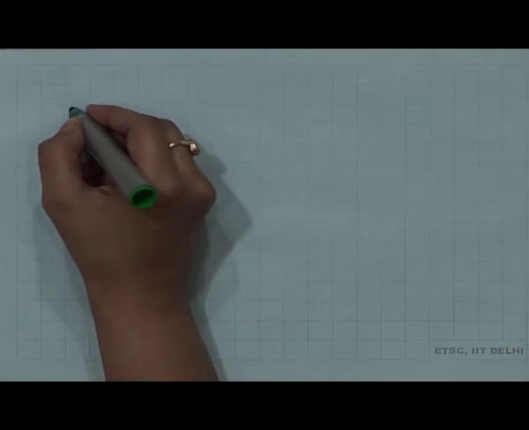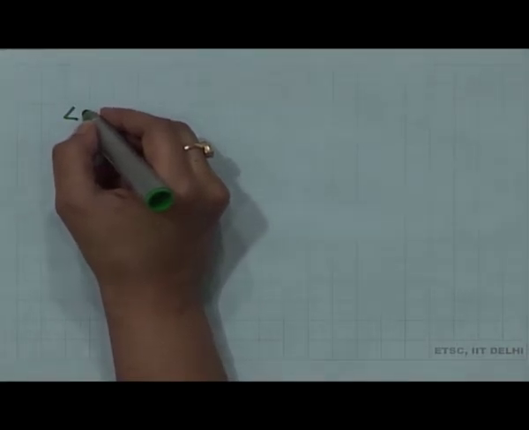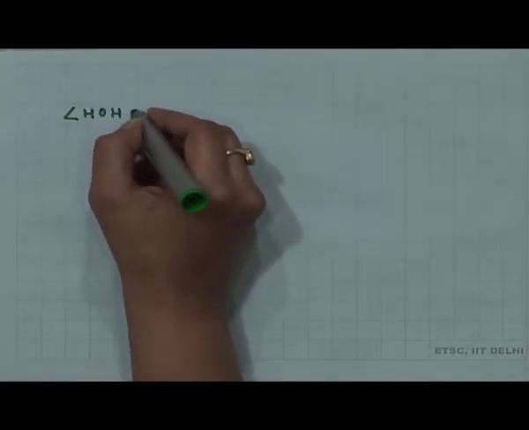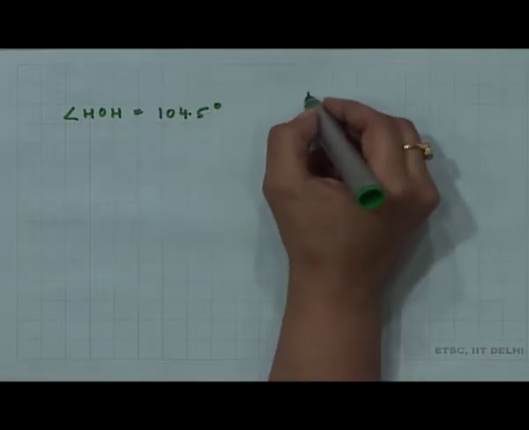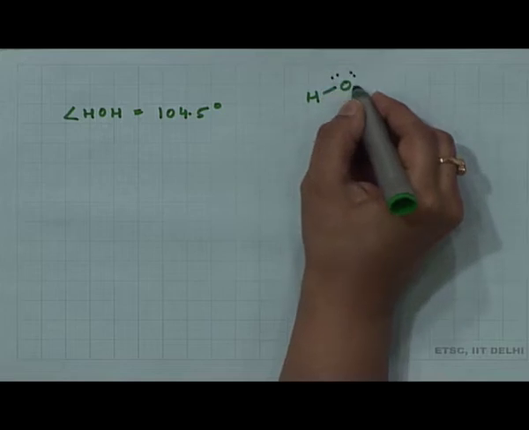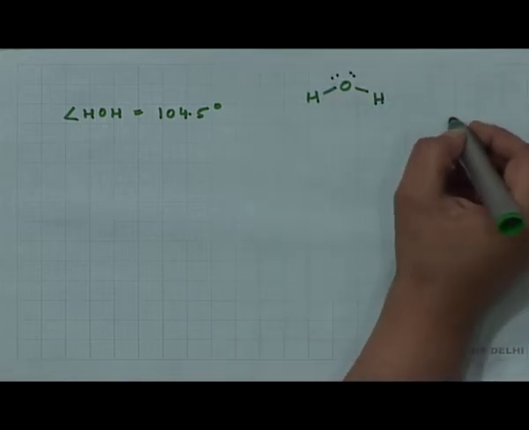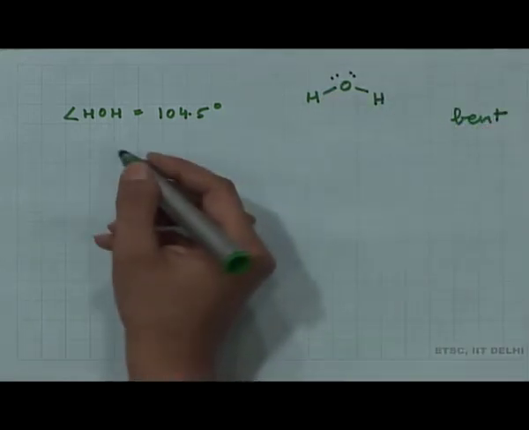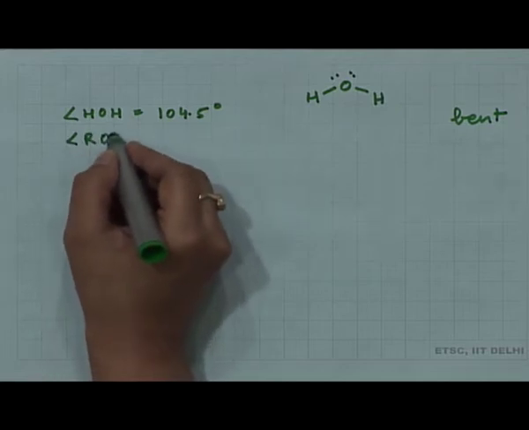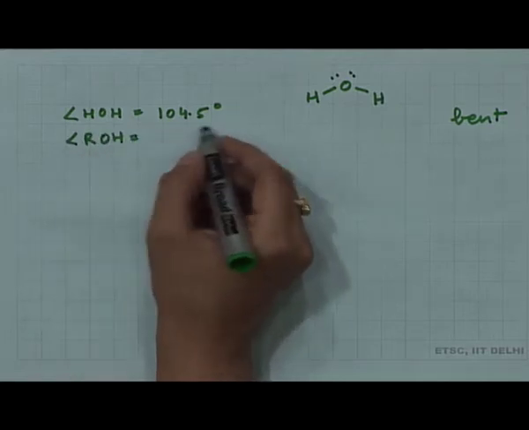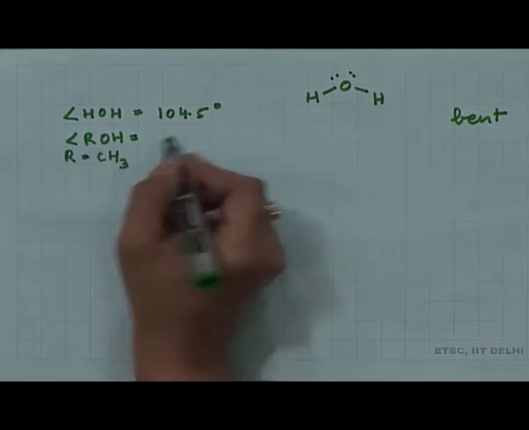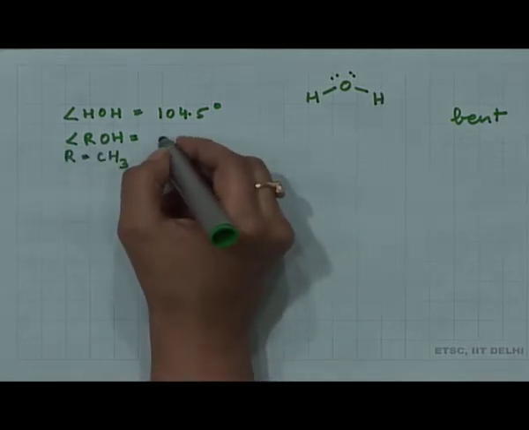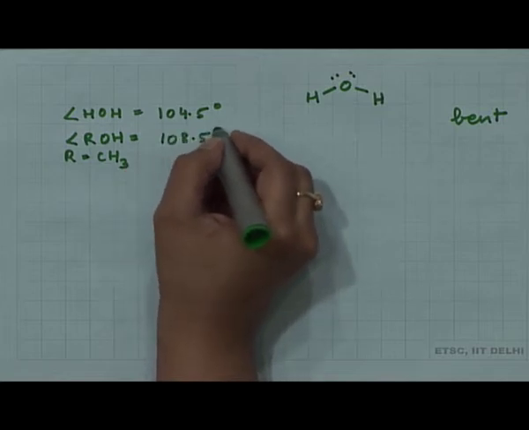The HOH bond angle for water is 104.5 degrees and it has a bent structure. Water is a bent molecule. You convert this to an alcohol, replacing one of the hydrogens by R, and when this R is a methyl, for example methanol, the bond angle changes to 108.5.